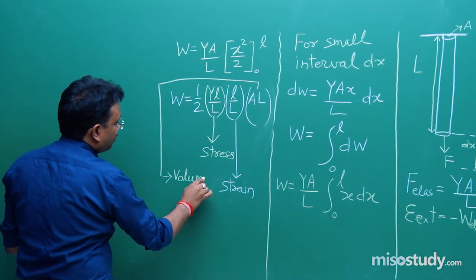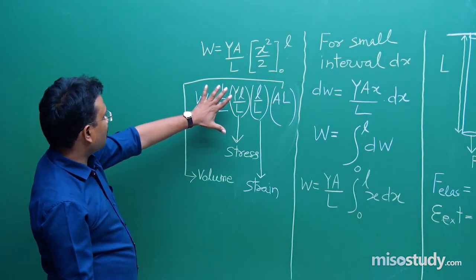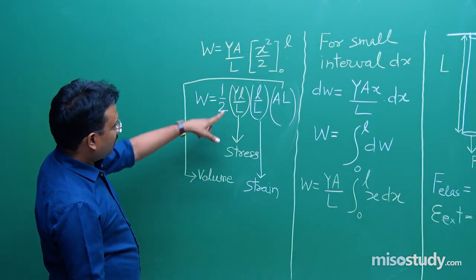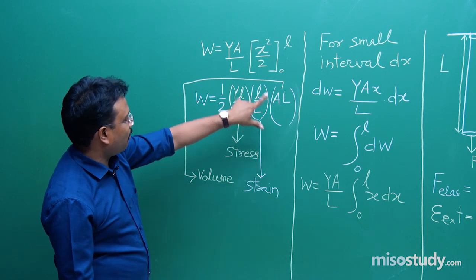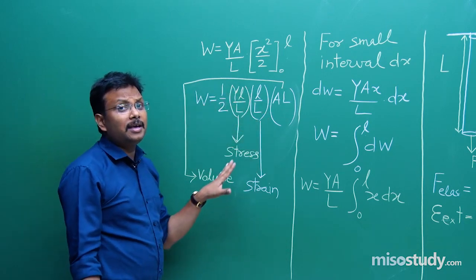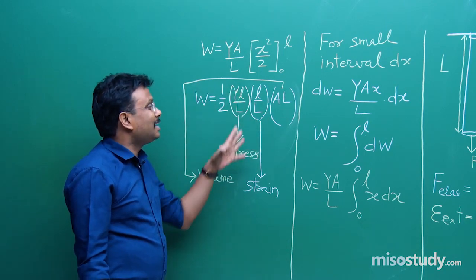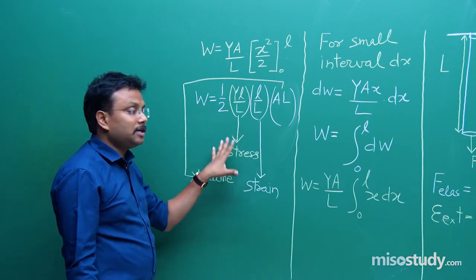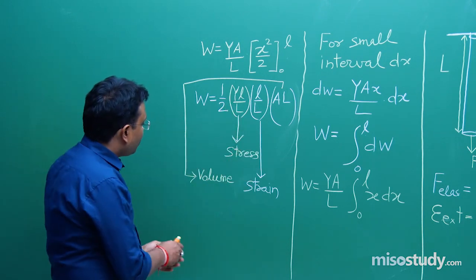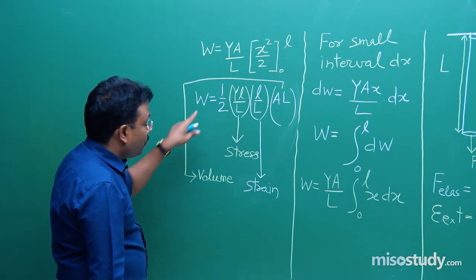Now why am I writing it like this? Because this is now going to be a part of your video. The moment you watch this type of arrangement, you can easily understand the meaning of each and every term. So what can you say, this energy W is what?